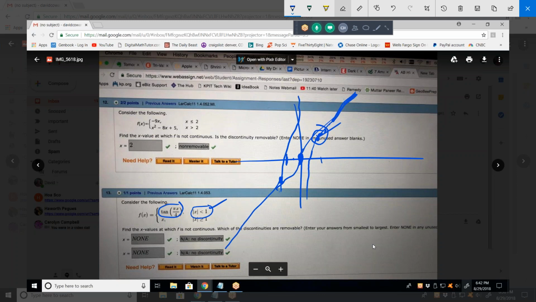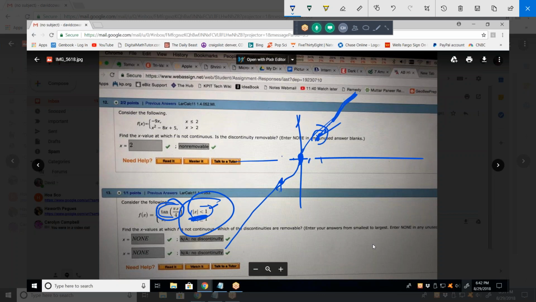I don't know why I drew it this way. I was trying to kind of draw the mirror image, and that's not what it is. The way to do these problems is to substitute some numbers. This is the case whenever it's between -1 and 1, correct? So between -1 and 1, you have the tangent of pi times x over 4, and tangent is 0 at 0.